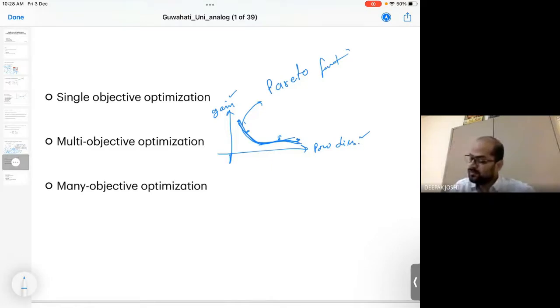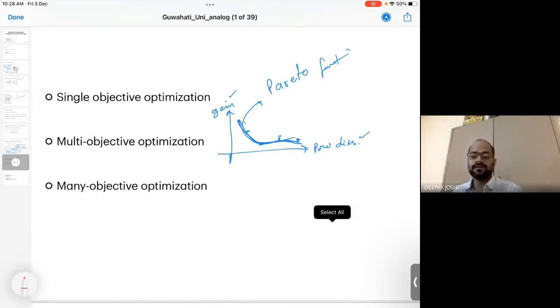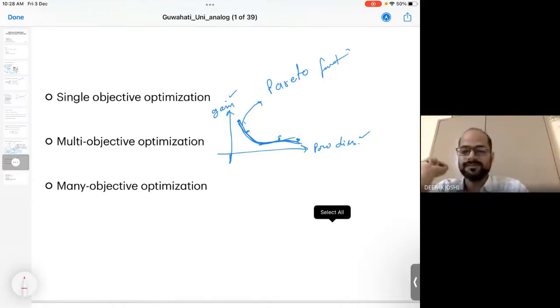Now someone can ask: we were trying to optimize our circuit to get a particular first cut design, that is where we started, and now you are saying that you have five results. Isn't that contradictory to the earlier statement?